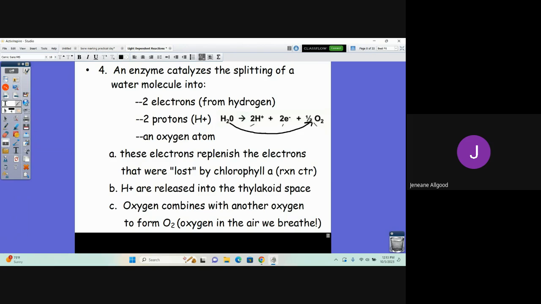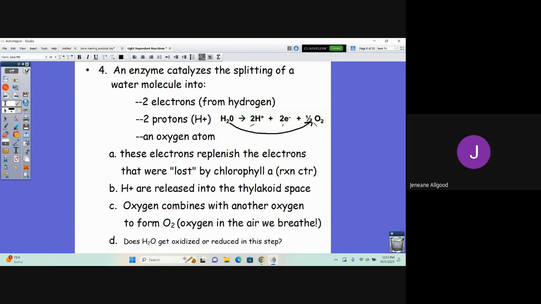Sorry, I was getting my letters mixed up. Loss of electrons is oxidation, so this molecule has hydrogen, that one doesn't. Loss of electrons is oxidation, so we say water gets oxidized here. So I added this in below, you can add that in, or you can just write, does H2O get oxidized or reduced? It gets oxidized.